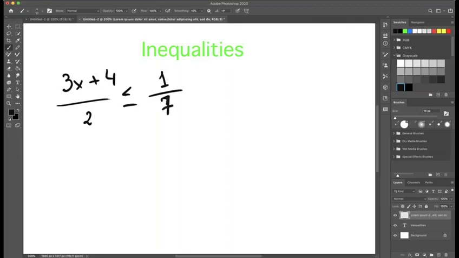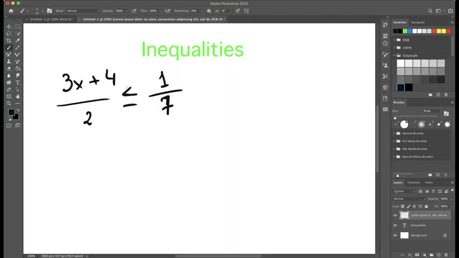Okay, so how to solve this kind of question? You can use the common denominator method or cross multiplication. But if you're using cross multiplication, if x is on the left side, then at the end x again should be on the left side. If it's on the right side, then it has to stay on the right side.